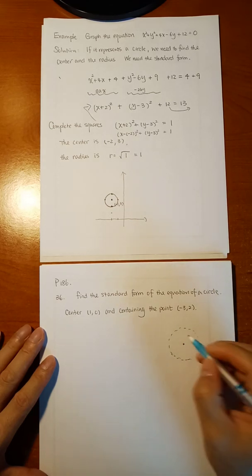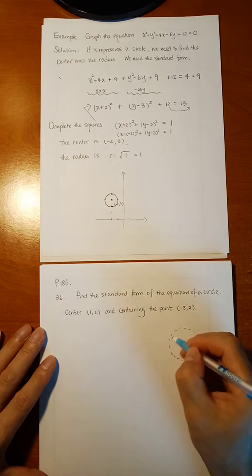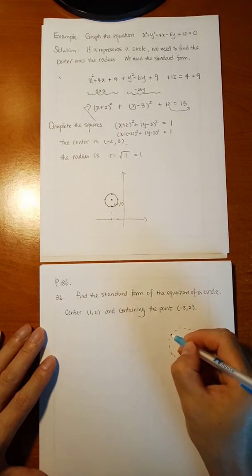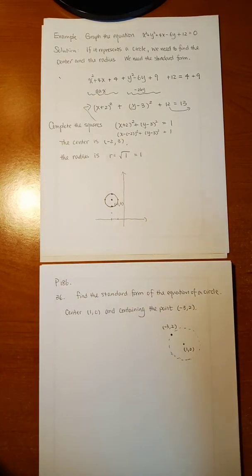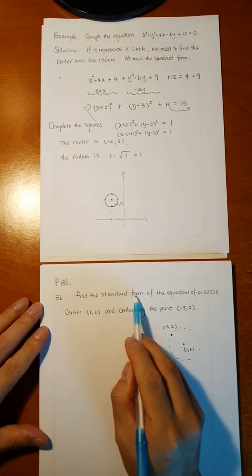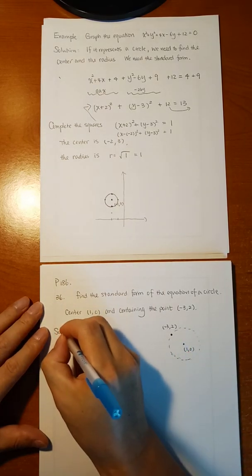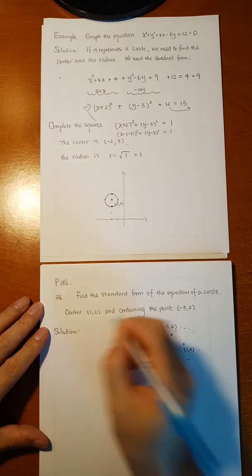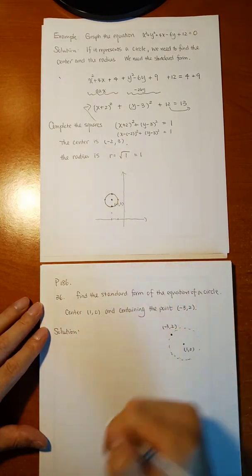Assume you have a circle. Center is (1, 0), containing some point (-3, 2). In order to find the standard form, you have a center, you need a radius. Here, containing means the circle contains the point. The point is on the circle.